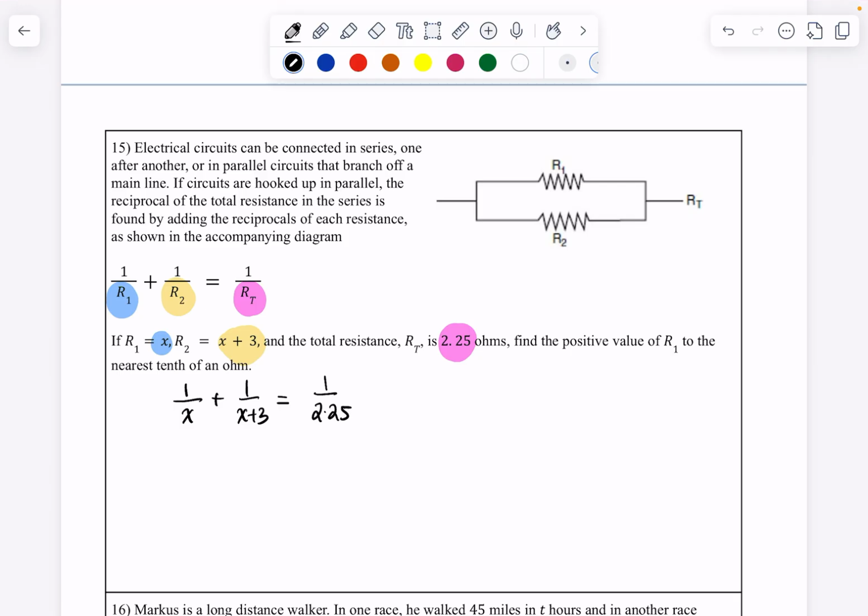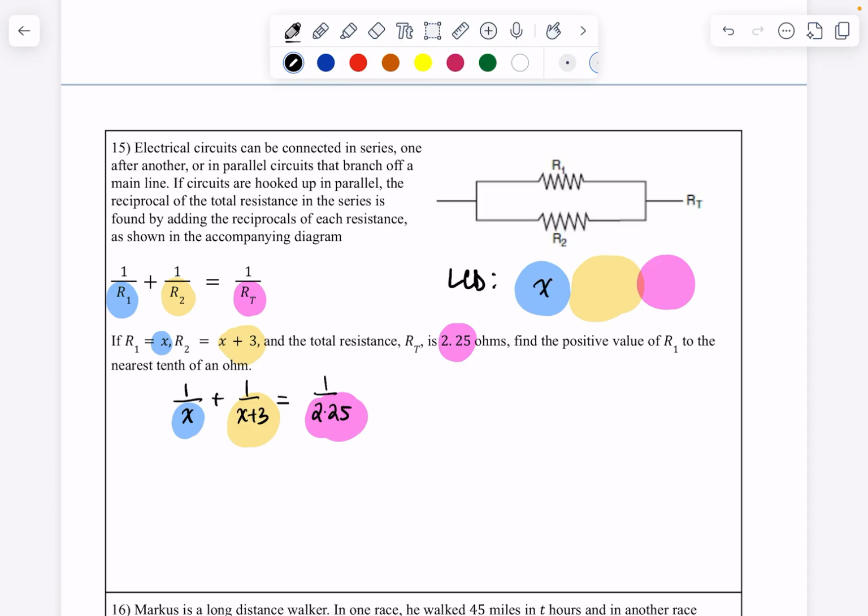The LCD is going to be a little bit interesting because we don't have anything that goes with it, so we technically have to use all three of them. So 2.25, I'm going to just write it there. And then we have our R1, we're going to use that, and then we have our R2, and we're going to use that as well. So this is our LCD.